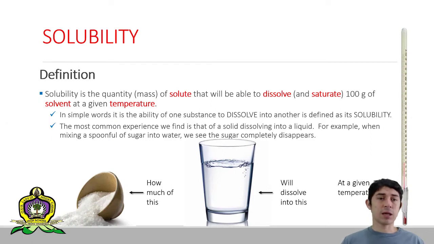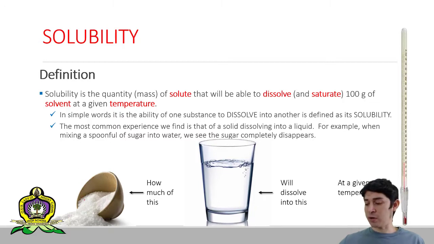Solubility, according to the slide, is defined as the mass of the solute that will be able to dissolve and saturate 100 grams of solvent at a given temperature. Now, this in theory doesn't make any sense for me, so it is better if I can explain using an example.